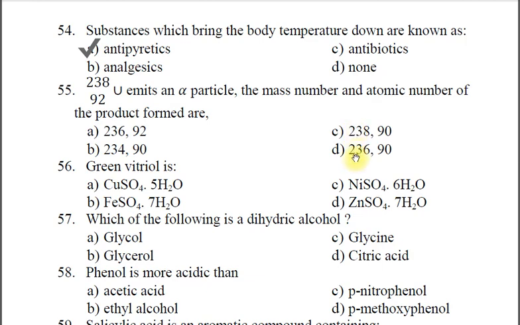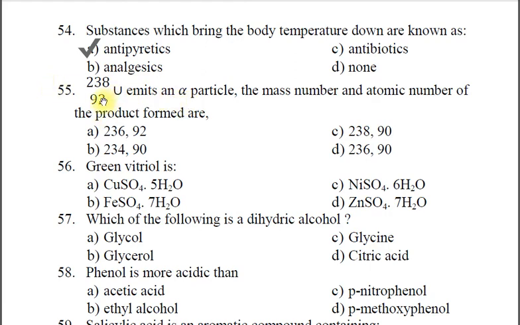Before I tell you the answer, I should tell you that if it is an alpha particle, then it is exactly a helium nucleus. So an alpha particle or the helium nucleus has the mass number 4 and atomic number 2. It has 2 protons, 2 neutrons and 2 electrons.